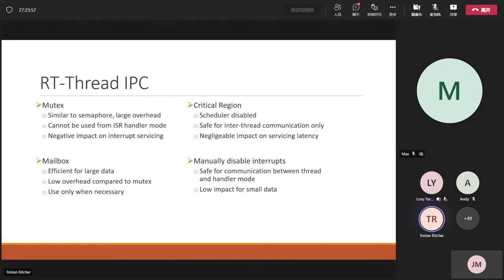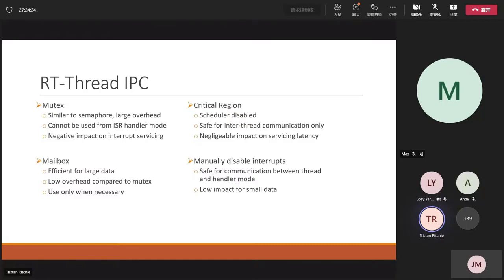And this will, of course, avoid any spooky behavior when it comes to a shared memory resource. Now, of course, disabling interrupts will have a negative impact on interrupt servicing latency, but as long as we keep those data transfers, those inter-process communications, fairly short, that impact will be equally short.